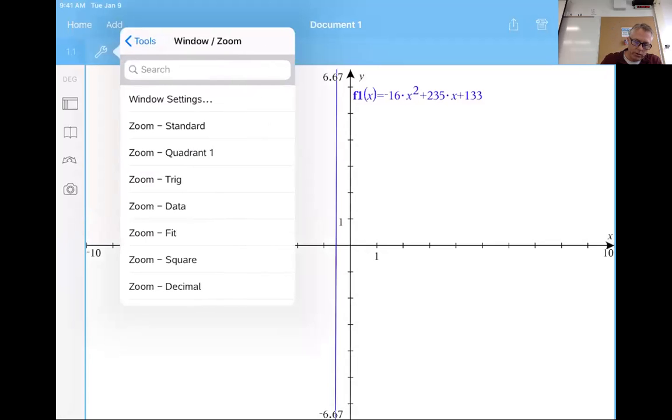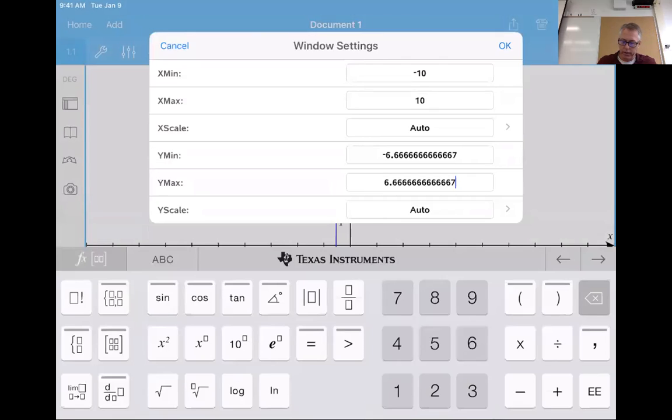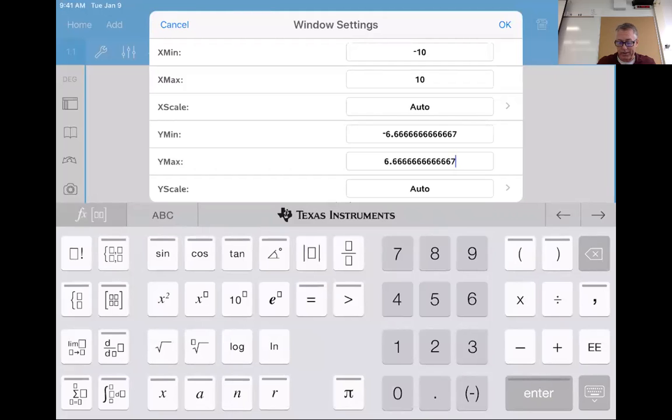So I'm going to go to Window Settings, and my Y maximum I need to make bigger, but I'm not sure how big. I usually think like a factor of 10. It's at 6 2/3. I'm going to make it 100. I'm just taking a little bit of a guess, making it 100, and I'll hit OK.